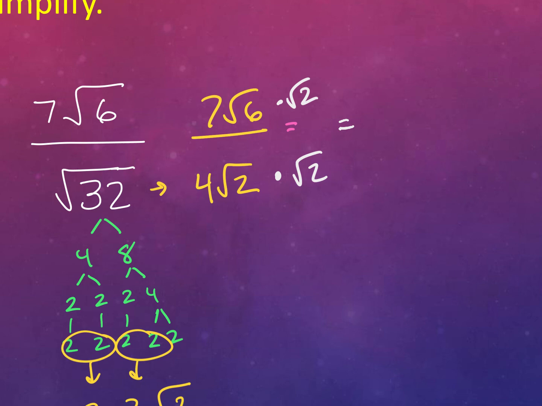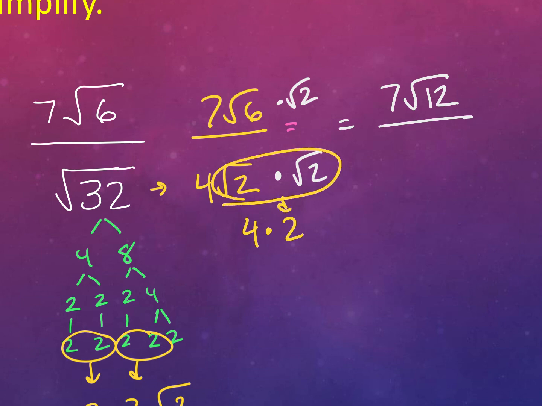What's 7 square root 6 times square root 2? 7 square root 12. Perfect. And then on the bottom, what's 4 square root 2 times square root 2? 8. Perfect. This is like saying 4 times 2, because remember, square root 2 and square root 2 turn into the whole number 2. The 4 was already out front, so 4 times 2 would be 8.